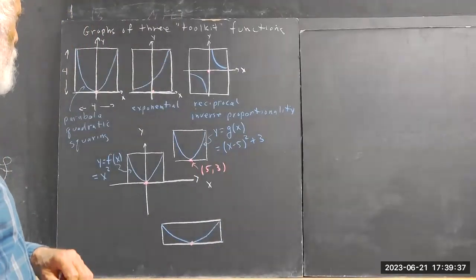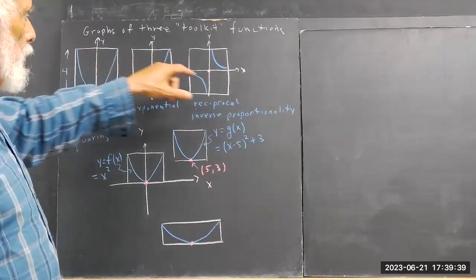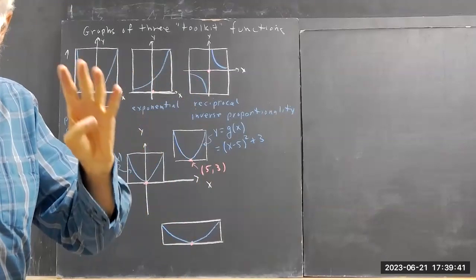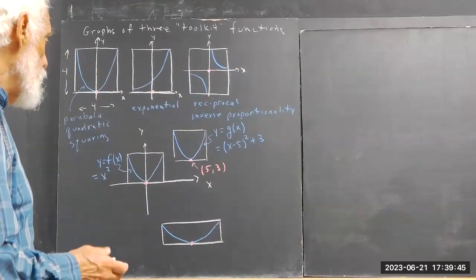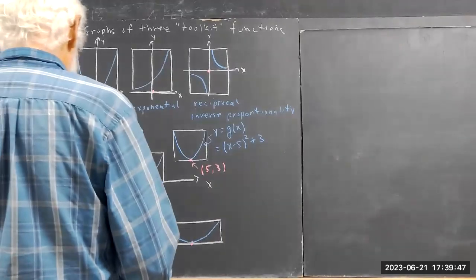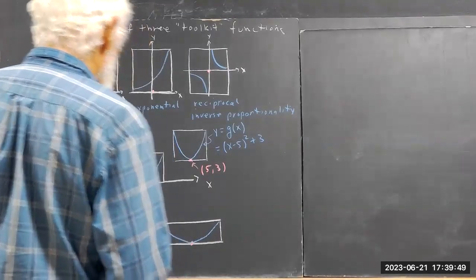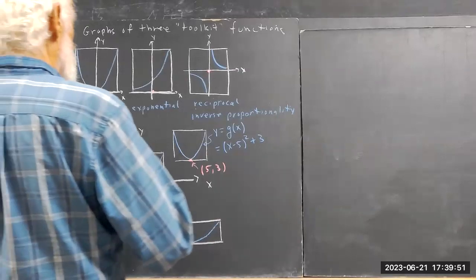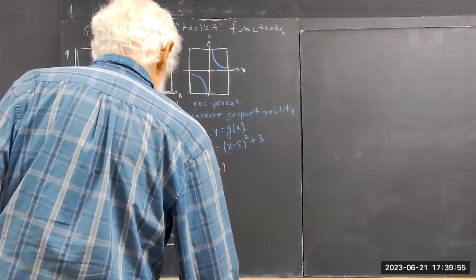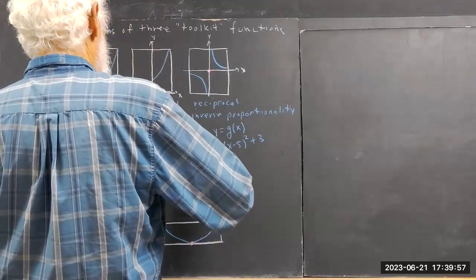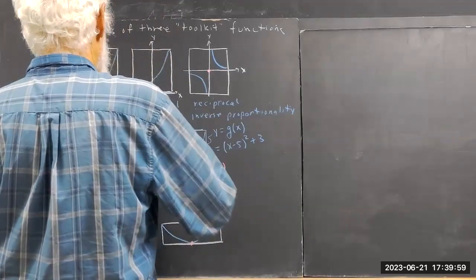Now, when we start, we confine our attention to what happens in this 4x4 rectangle. But if we go beyond the 4x4 rectangle, once we know the rules of the function, it's pretty easy to see what happens. This function would then continue, and I'll continue it like so.